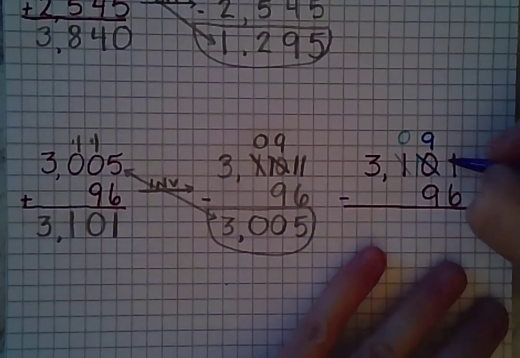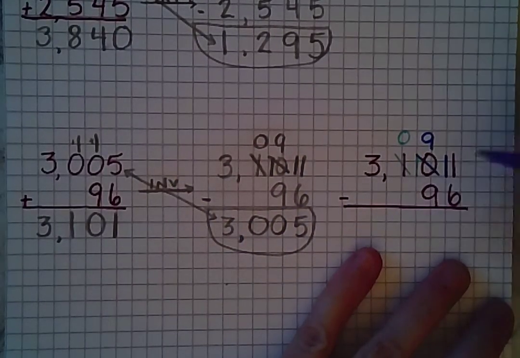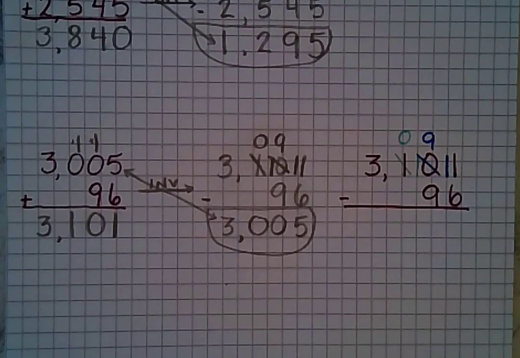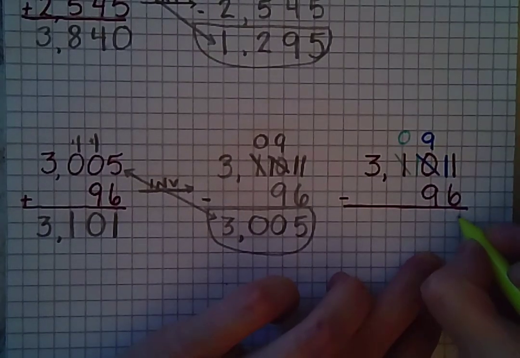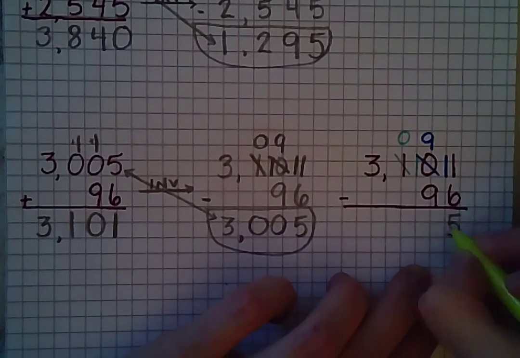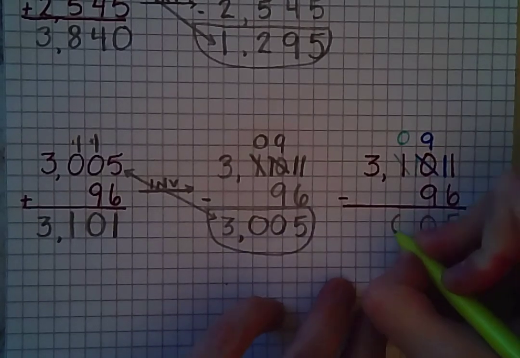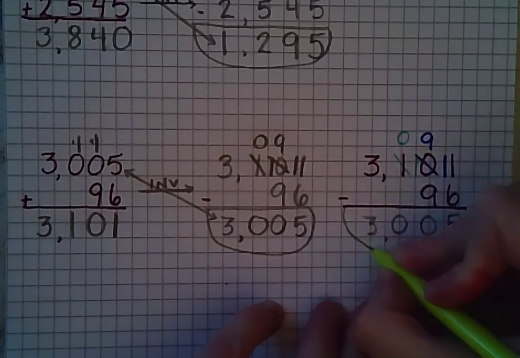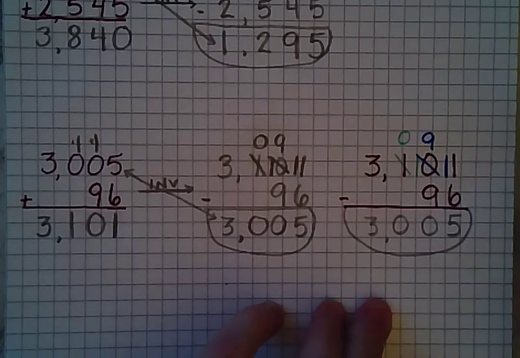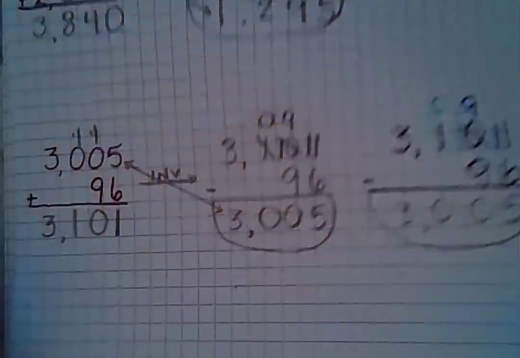And I'm going to put that 1 right there, the 1 that I just borrowed. And then again, it's straightforward subtraction. So we have 5, 0, 0, comma, 3. And that's how we get to our answer.